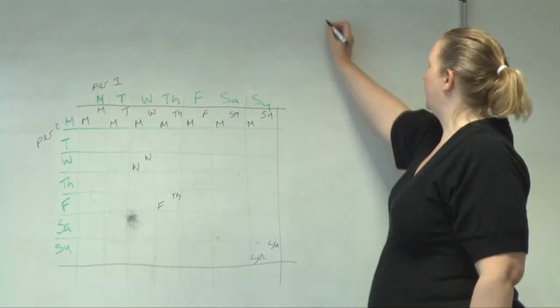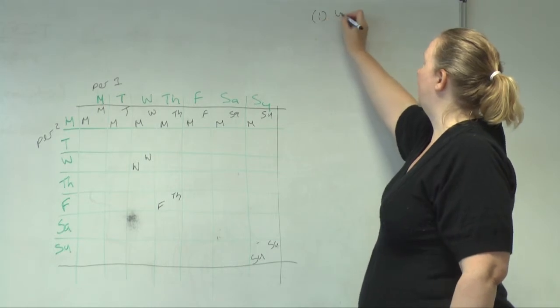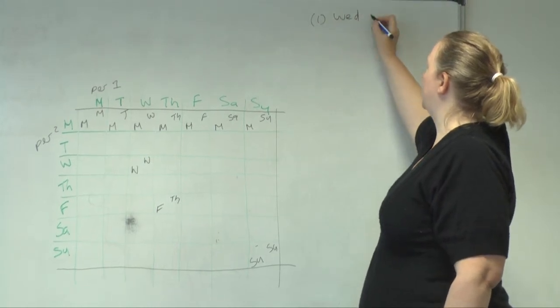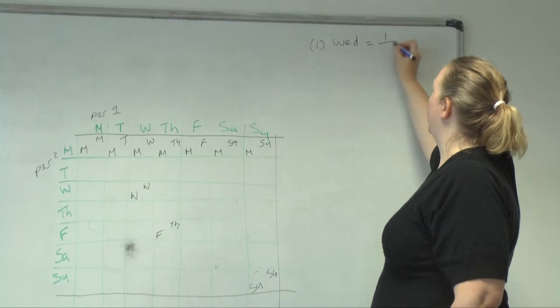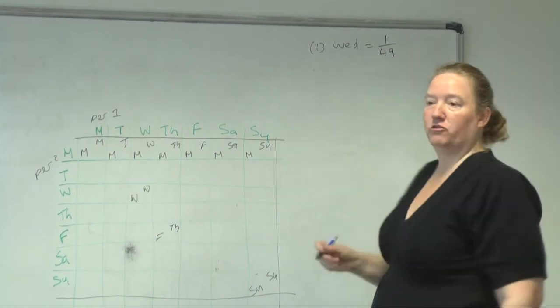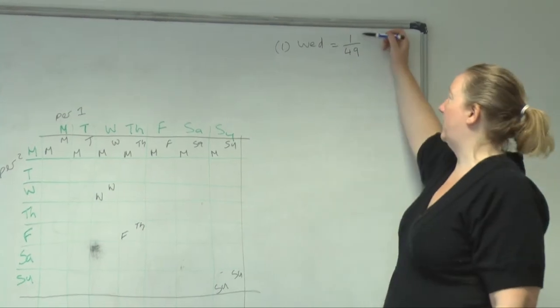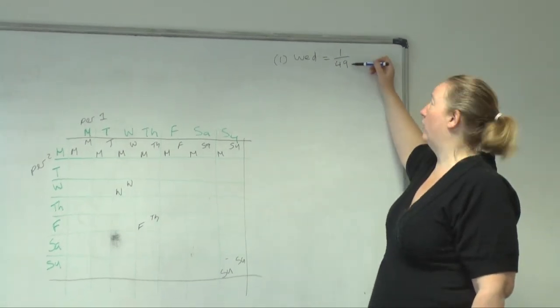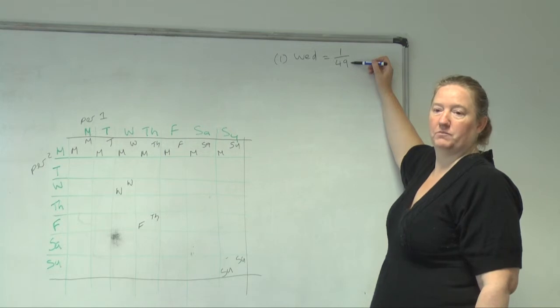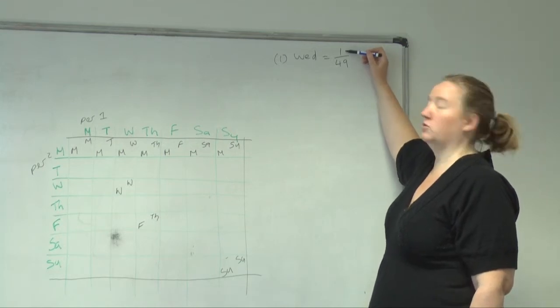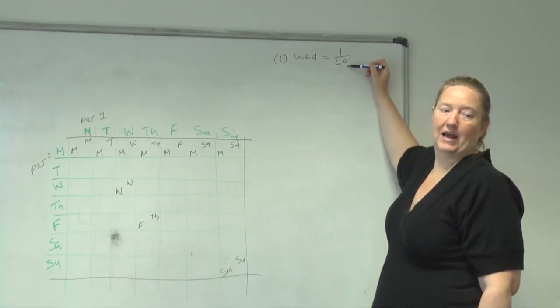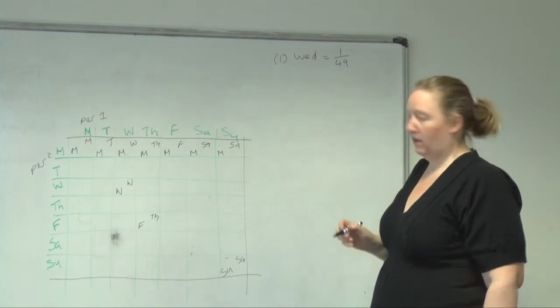So the probability that both were born on Wednesday is 1 out of 49. And remember in question 1, we said when it's equally likely, you simply write the answer you're looking for over the total outcomes. So the answer we're looking for is 1 over the total outcomes, which is 49. Okay?